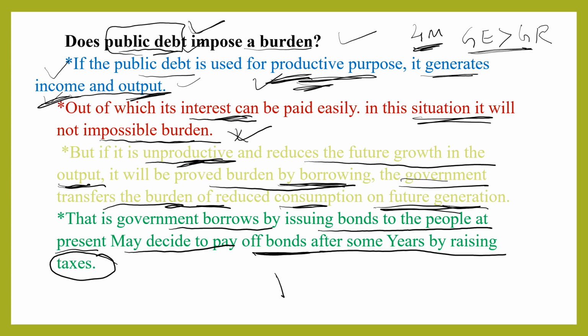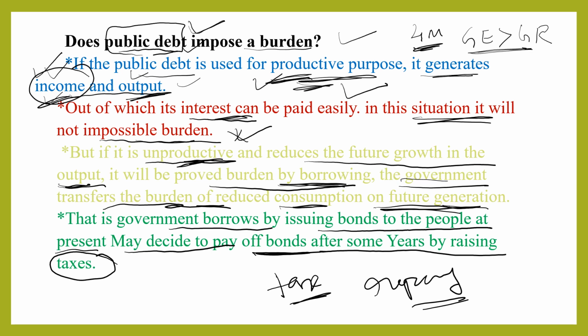So the government is going to impose tax in order to repay those loans. If they use it for productive purpose, they are able to generate income and output, and out of this income they can repay. But if they use it for unproductive purpose, and want to repay the loan along with the interest, definitely they have to impose tax on future generation.